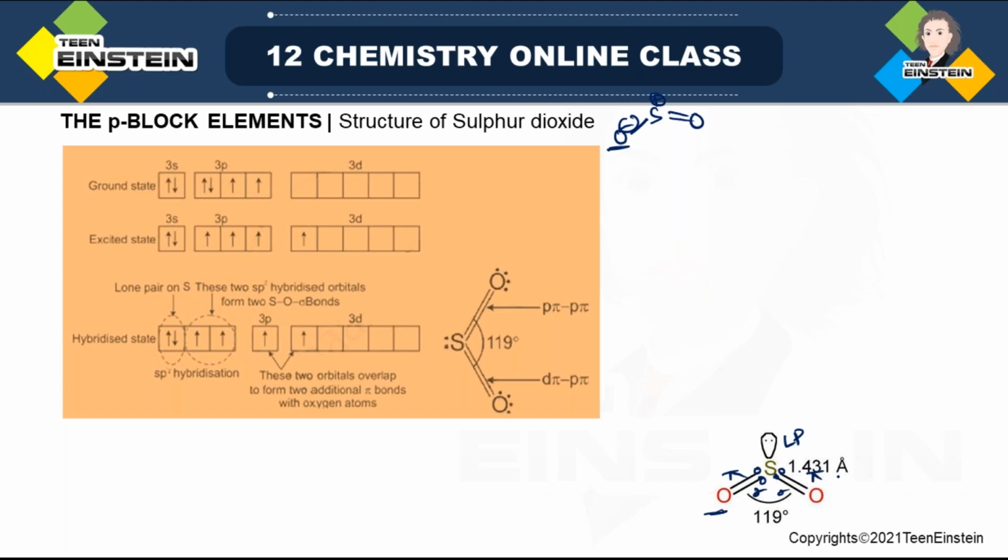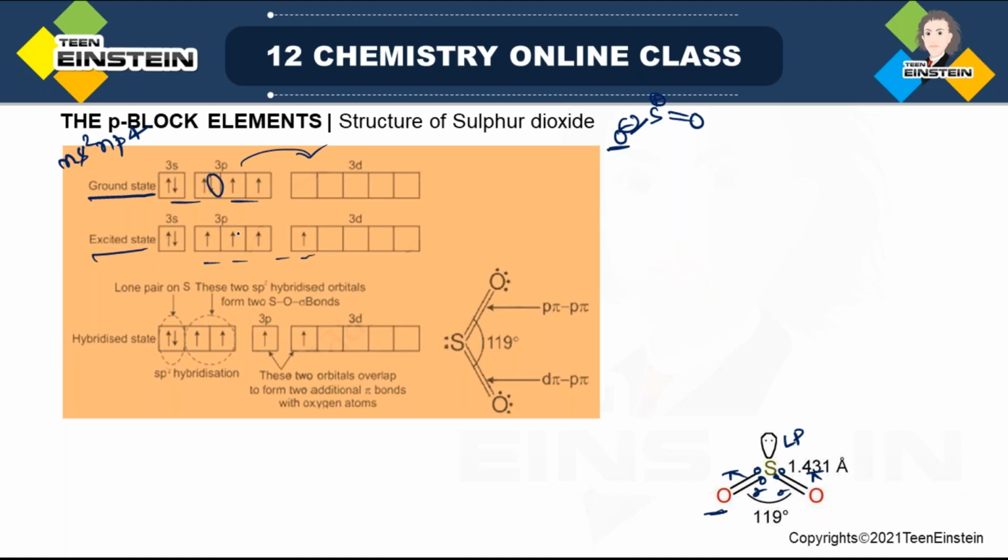Now sulfur, when it is in the ground state, that is normal condition, when you are not providing any extra energy, we know the configuration of group 16 is ns2 np4. Sulfur is from the third period, so it will be 3s2 3p4. But in the excited state, now we have provided energy, one of the electrons is shifted to 3d. How many unpaired electrons do you have in total? 4.